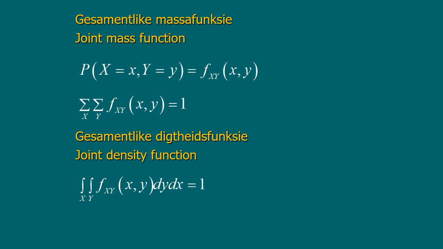So a joint distribution, as the name suggests, now we can directly ask a probability question about two variables. So X could be temperature, Y could be time or something like that. And we want to know a specific probability.